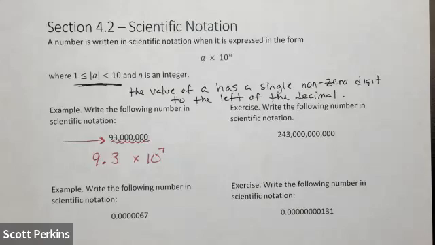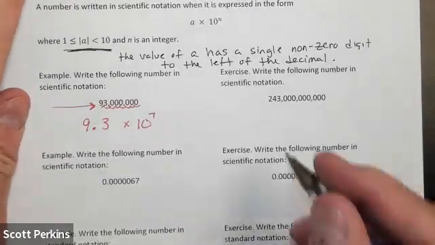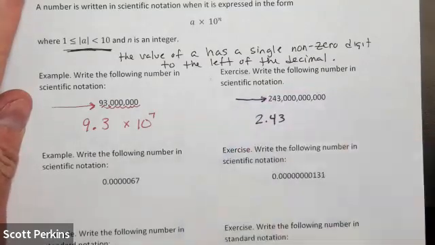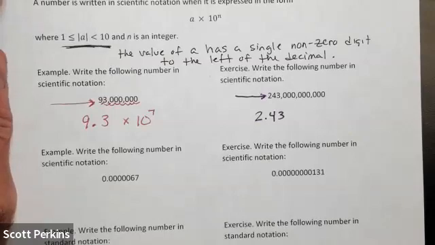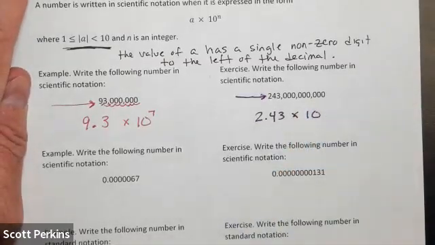What's the value of A that you're going to use for this problem? Yeah, 2.43. The first non-zero digit that I hit right there is 2. So I put the decimal right after the 2, 2.43 times, and now I'm going to have my magnitude. It's times 10 to some power.